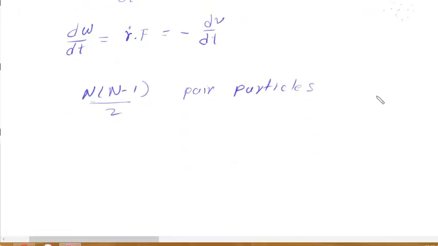Now let's say for n equal to 2, there is only one pair, because only this pair is possible: 2 times 1 divided by 2 is 1. When n is equal to 3, it is 3 times 2 divided by 2, which is 3. When n is equal to 4, there are 6 pairs.